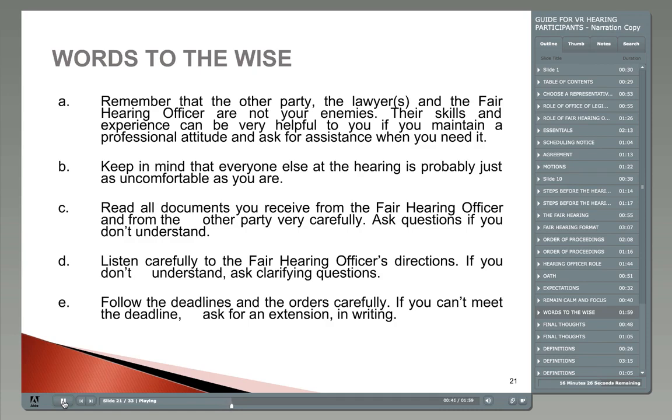Keep in mind that everybody else at the hearing is probably just as uncomfortable as you are. These quasi-judicial hearings are sometimes stressful and overwhelming for everybody. Knowing that everybody's in the same boat and you're all working towards developing the best possible fair decision is really important. Read all the documents you receive from the fair hearing officer and from the other party very carefully, and ask questions if you don't understand.